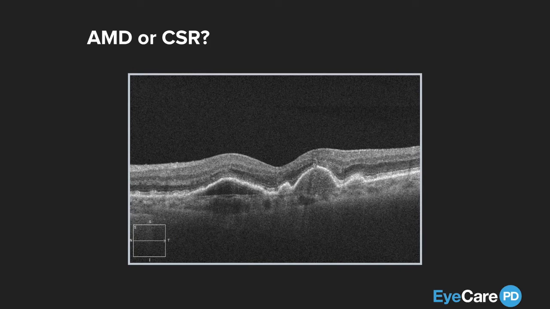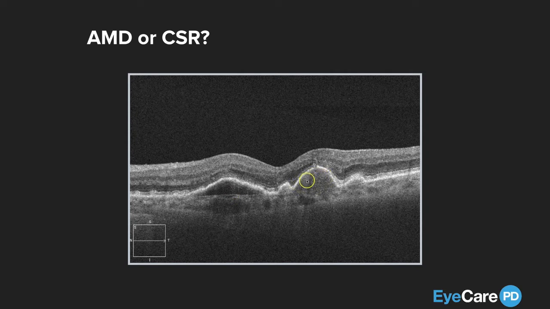Okay, this is the image that we opened up our whole talk with today when I said, is this AMD or CSR? Why would anybody ever think this is CSR? Well, you might think it's CSR if you're not quite clear on how to interpret the OCT. What do we got? We've got pigment epithelial detachments, but this pigment epithelial detachment in particular has this hyperreflective speckling compared to this hyporeflective area beneath the other pigment epithelial detachment.